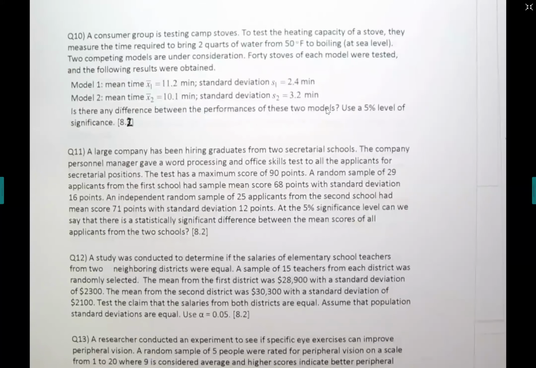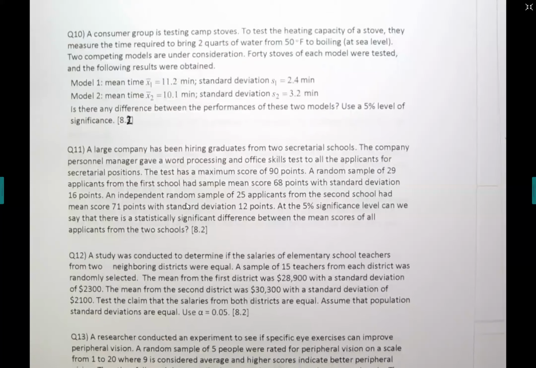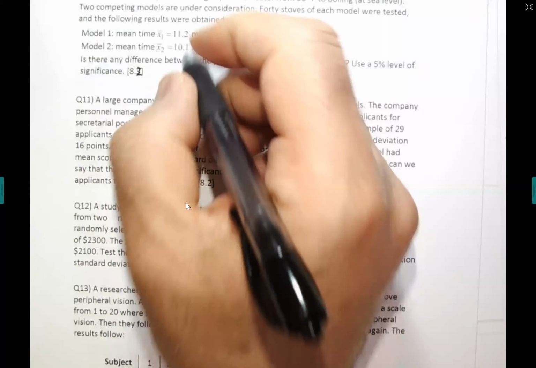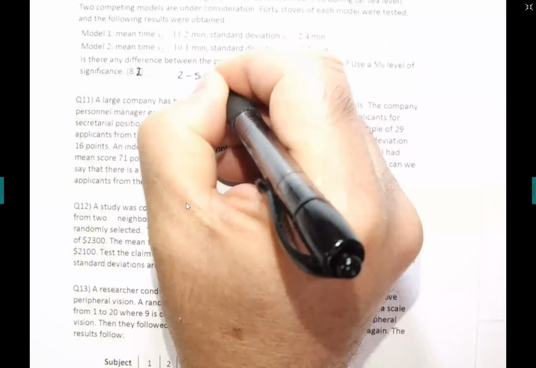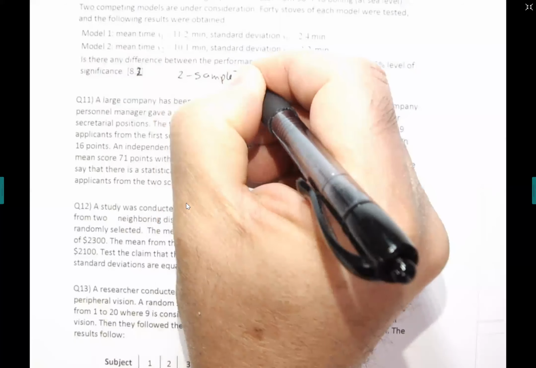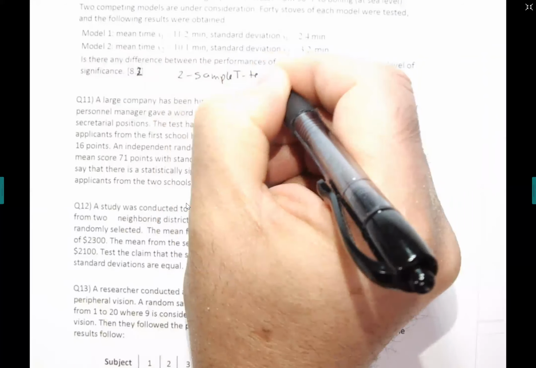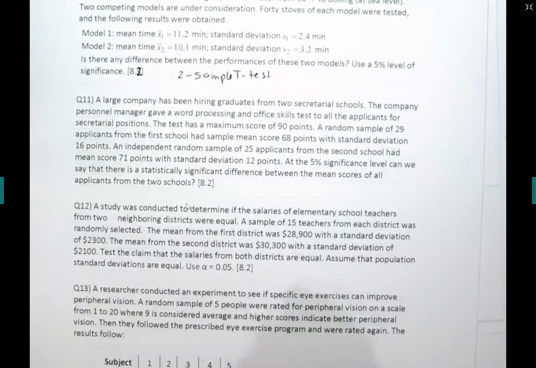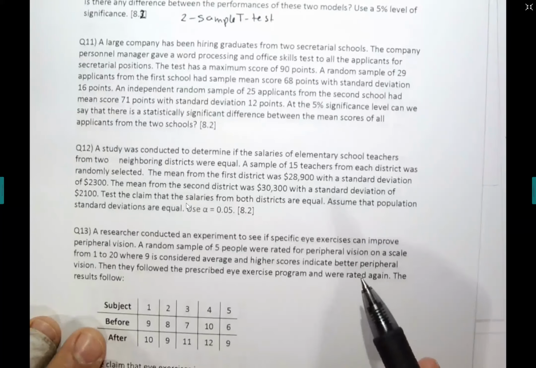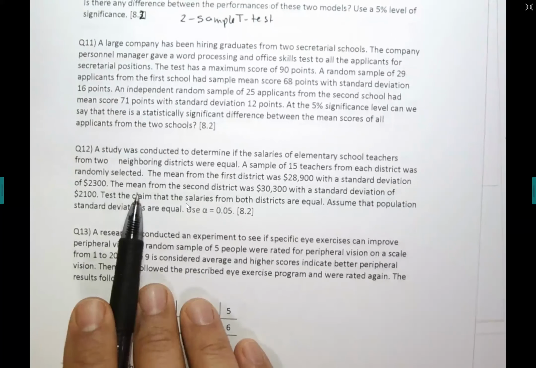We're gonna go and see, this is again 8.2. See how important this section is, guys? Two sample t-test. He gives you S1 and S2. It's a two sample t-test.